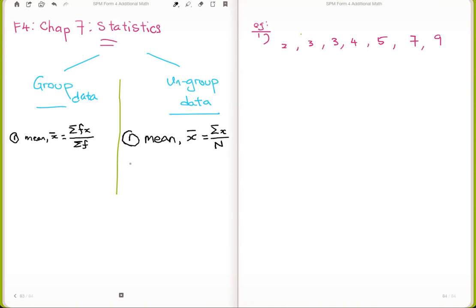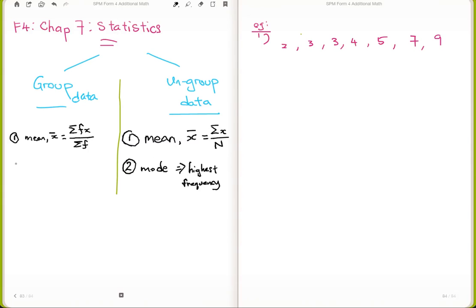Then, the next thing you should know about statistics for Form 5 SPM is called mode. Mode is basically the maximum number, the highest frequency, or the highest occurrence of the number.